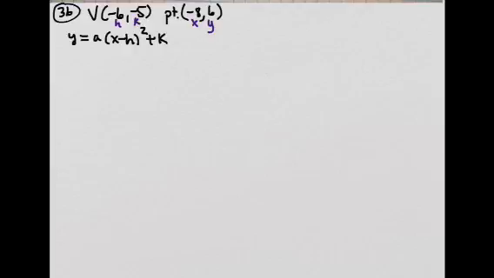So on 36, they want the equation in vertex form of the quadratic or the parabola. They gave you the vertex and they gave you one of the points on the parabola. So I went ahead and I labeled the vertex with HK and the point with XY, and that will help you know where each of the numbers goes in the equation that's on the second line.